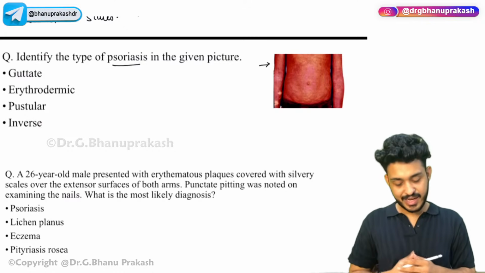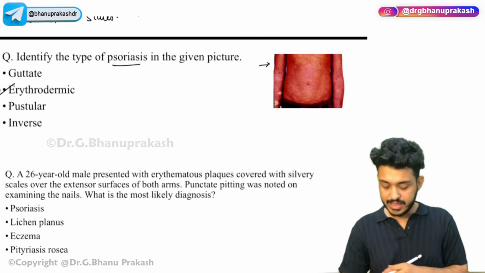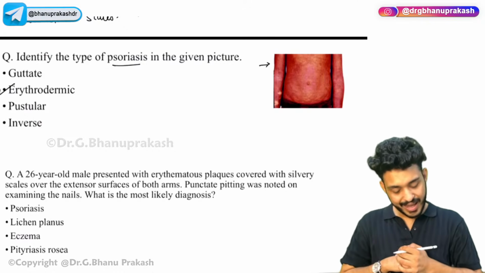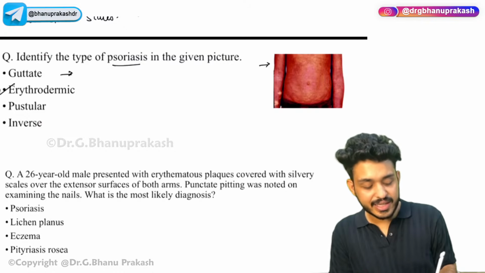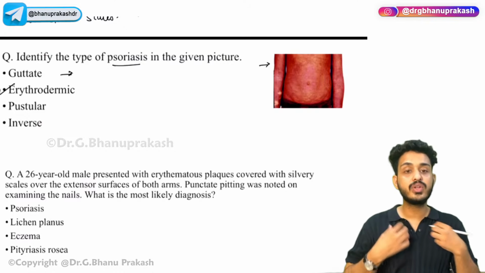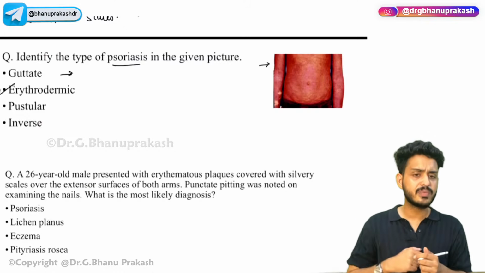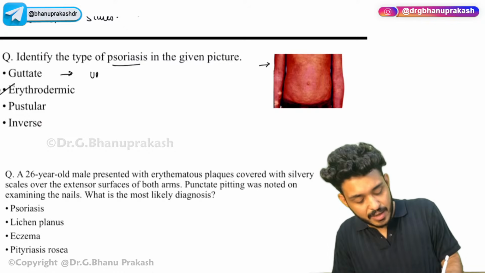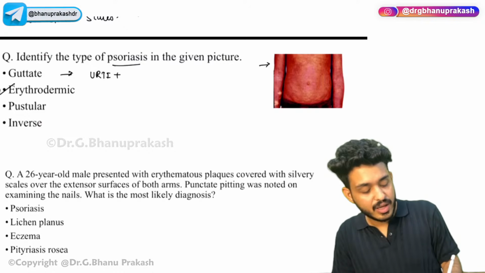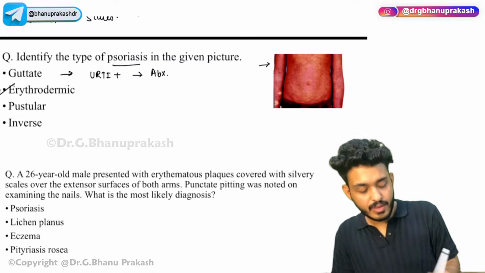Can you appreciate? That is your erythrodermic psoriasis. Why is it not guttate? In guttate, I have told you there will be gutta-like structure. And the treatment of choice for guttate, because it comes after upper respiratory tract infection, we will be giving antibiotics.